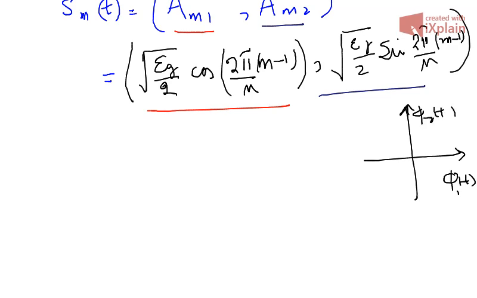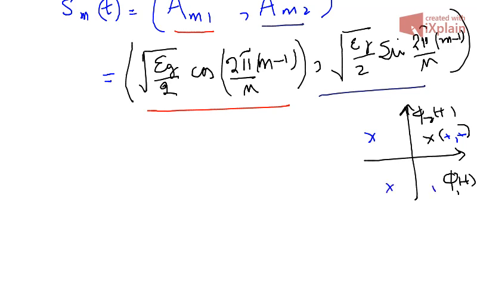If both A_m1 and A_m2 are positive, the point will be somewhere here. Both the coordinates are positive, right? If the x-axis coordinate is negative and the other one is positive, your point will lie somewhere here, and so on.